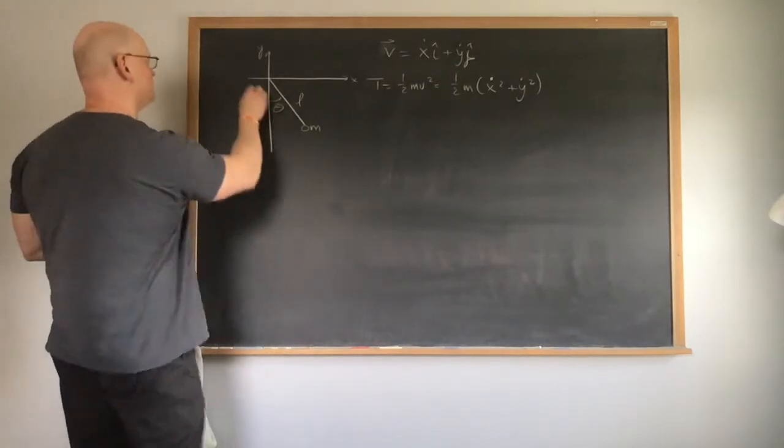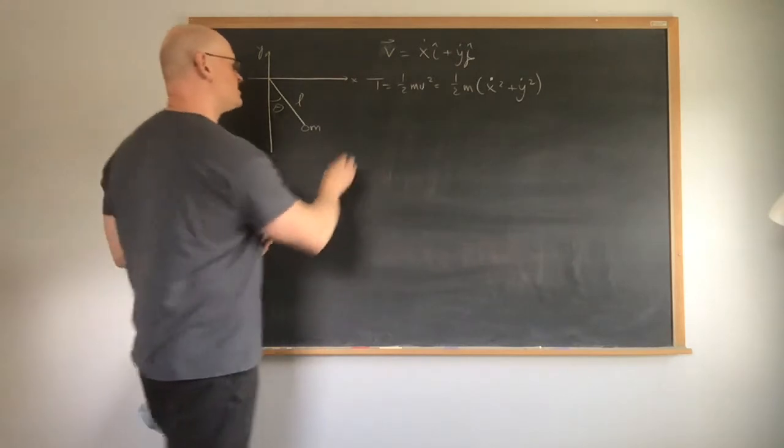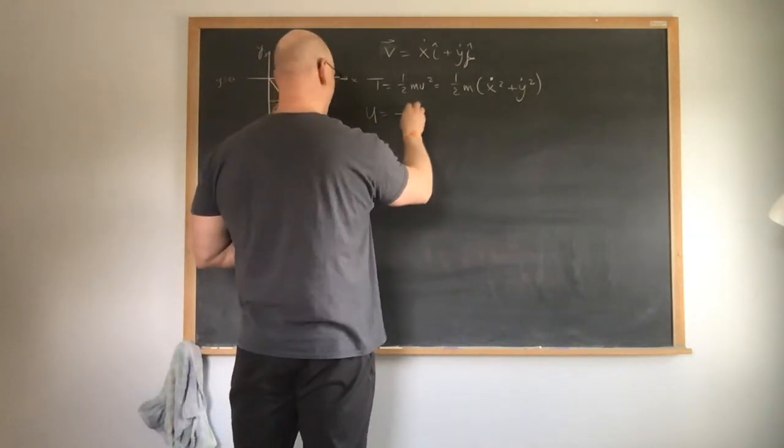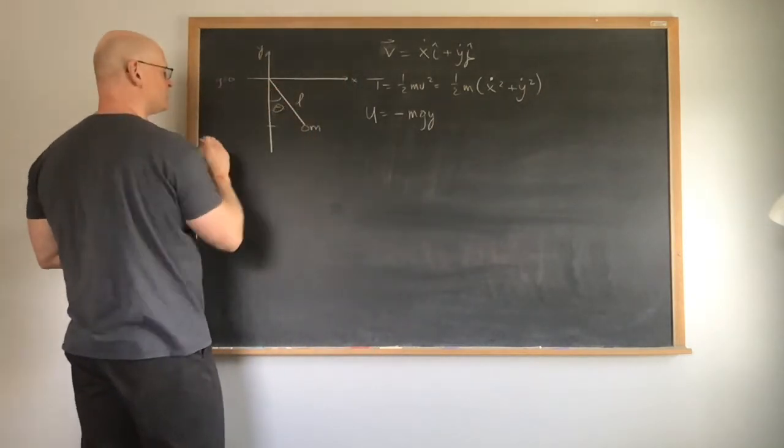Our potential, if we take this as our y equal to 0 location, our potential energy is going to be equal to minus mgy, where y is simply the distance that this thing is down from here.